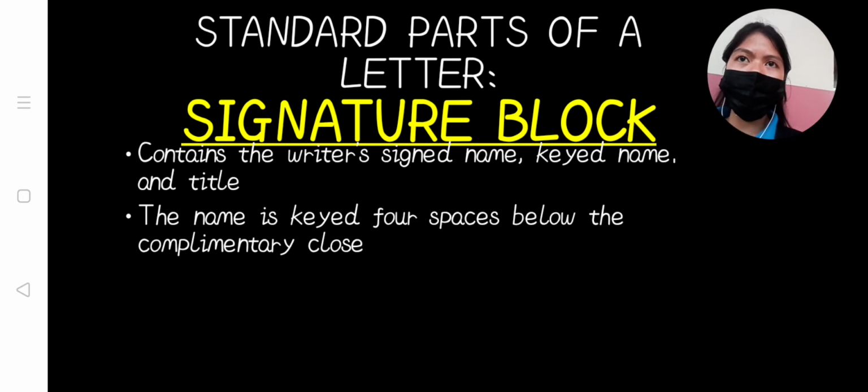Because signature should be handwritten, originally signed, dili soft copy, dili digitalized. So we need to leave 4 spaces after the complementary clause before we will write the typed name or the printed name.